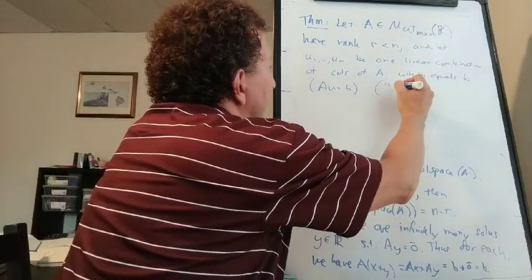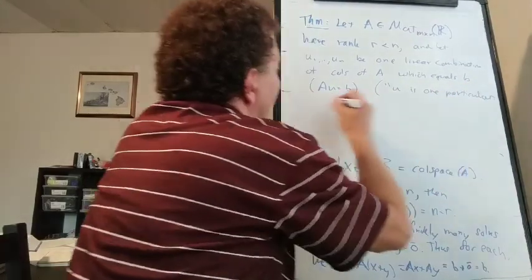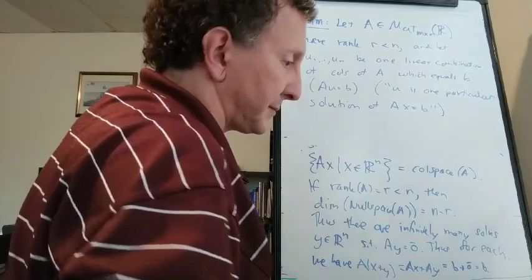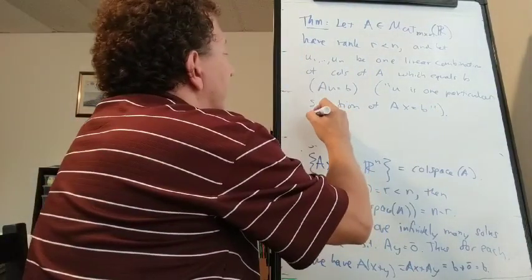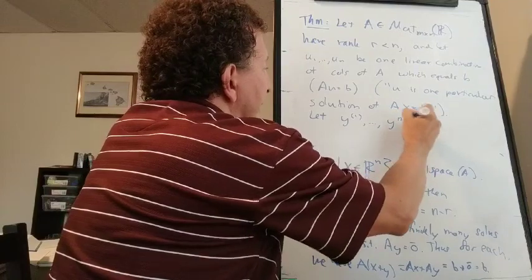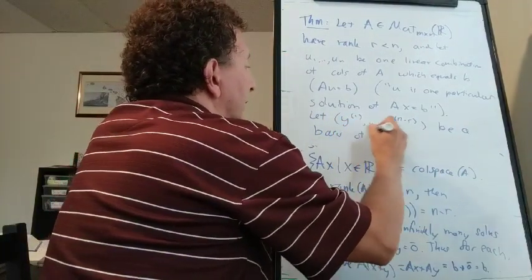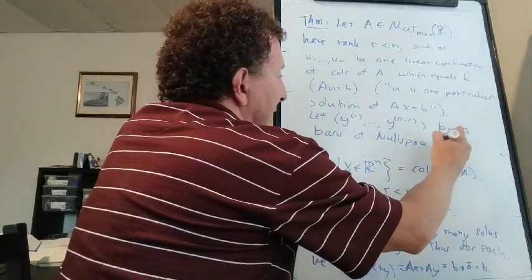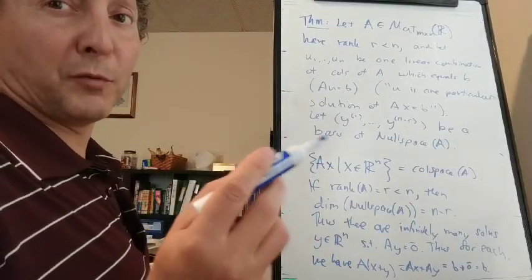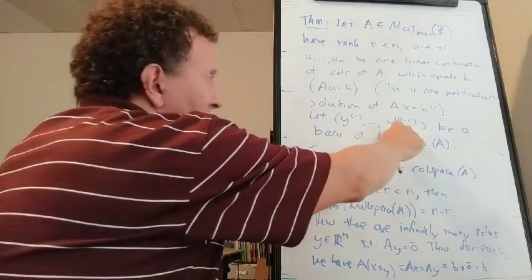A lot of mathematicians would say U is one particular solution of AX equals B. Now let's let y1 through y n minus r be a basis of the null space of A. Since I can't really do boldface on the whiteboard, I'm using superscripts here to mean this is one vector, y superscript 2 is another vector, y superscript n minus r is another vector.